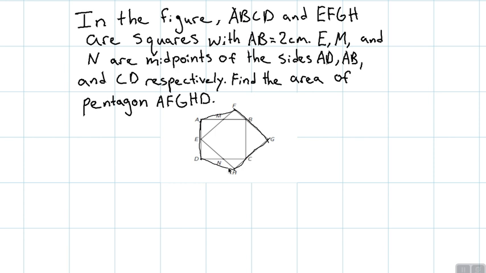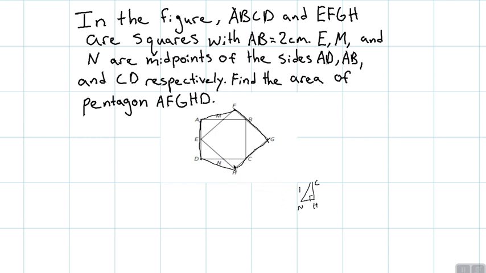To start, I just want to find the side length of this square, so I can find the area of the square. This side length HN, we can write out the following right triangle like this, where we have N, H, and C. And we know that NC is 1 because N is the midpoint here.